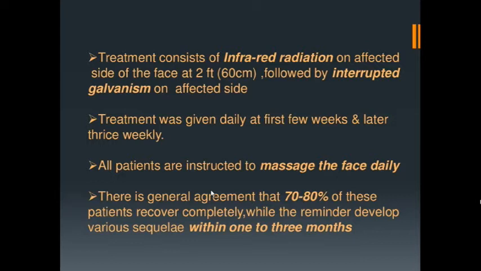But yes, in a certain percentage of patients, nerve function does not recover. What will be done in them? We'll see it. So in the meanwhile, you have to give infrared radiation and galvanism, which is just small electric currents, very small, given to stimulate the muscles and bring back the function of the muscles.